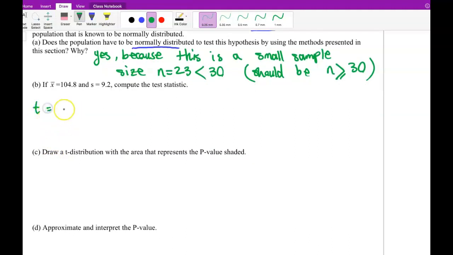So T is equal to. I'm not writing the 0 here, that's fine because we only have one mean in this part. But if you write it, that's fine, you can write it this way.